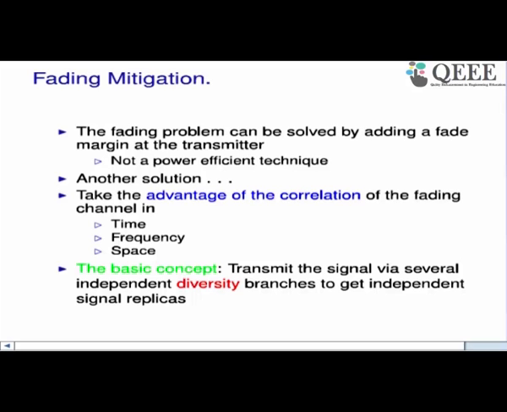If you transmit a signal on one channel, there is a possibility that the channel may go bad, but if you transmit on n different independent channels, the possibility that all of them go bad is very small. This is the concept of diversity. You are exploiting the variation in time, frequency, or space of the received signal amplitude to get multiple copies of the same signal, and you hope all of them do not fade together.